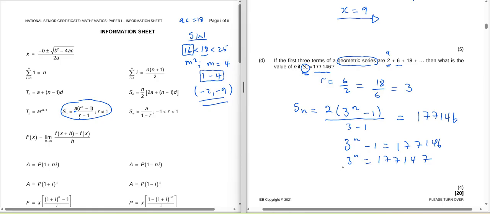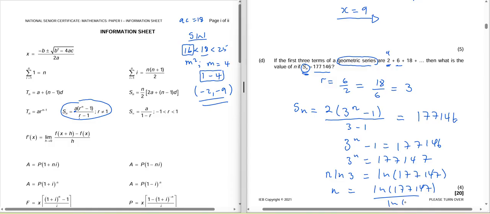And then we apply the logarithm both sides to drop the n, because we need n to be on the ground if we cannot use the method of equating the exponents. So we are going to drop down the n, and this is the ln of 177,147. To solve for n, we need to divide by ln 3 both sides.